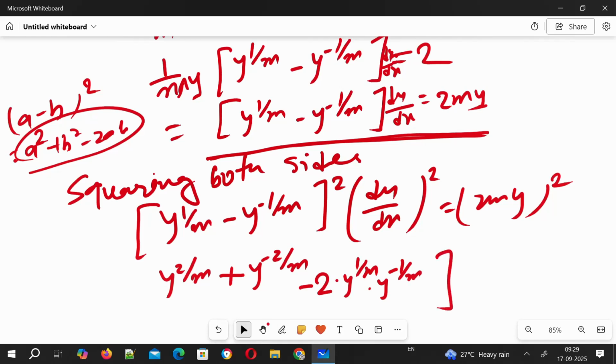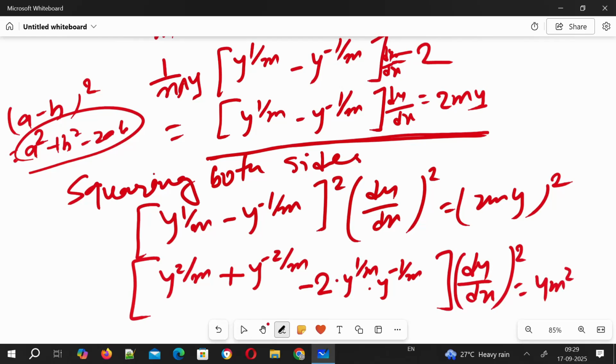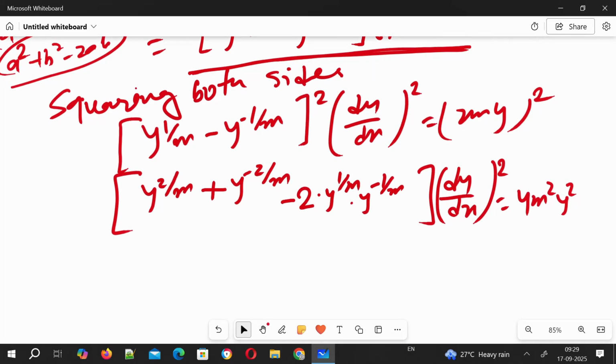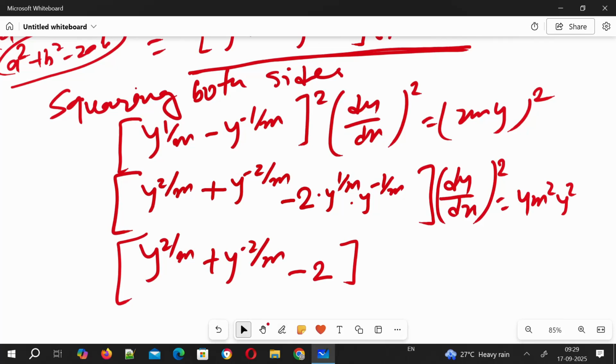And dy by dx whole squared equal to 4 m squared y squared. Here the bases are the same, so the powers will be added, and you can write this equation in the form of minus 2, and dy by dx whole squared equal to 4 m squared y squared.